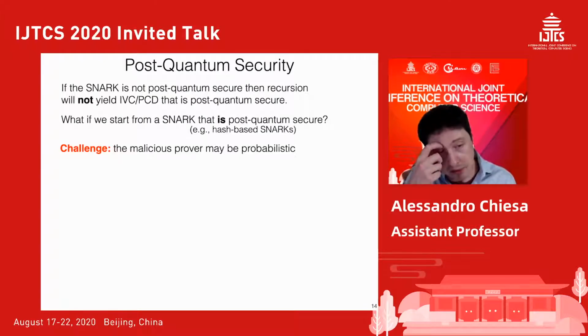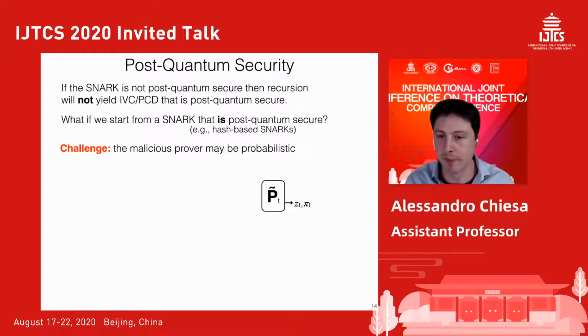So there are some subtle challenges here in the fact that the malicious prover may be probabilistic. Let me explain why the malicious prover being probabilistic is actually a challenge in security. Let's say that you have some malicious prover P_T that outputs the latest claimed output Z_T with some proof pi_T.